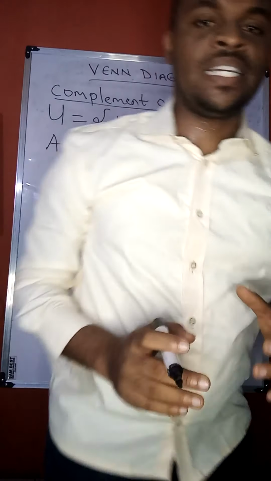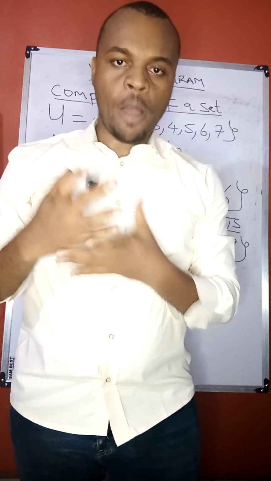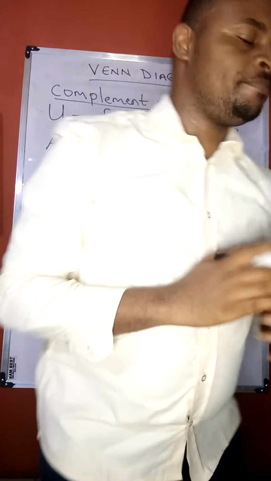Alright, with an understanding of what A minus B and B minus A, that's the difference of two sets and the complement of a set, let's now dive into what? Venn diagram.